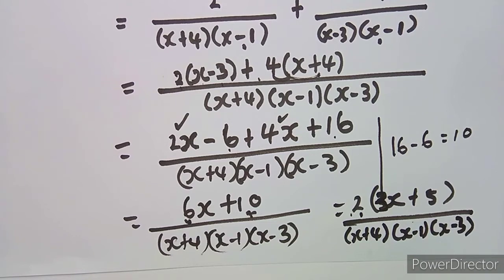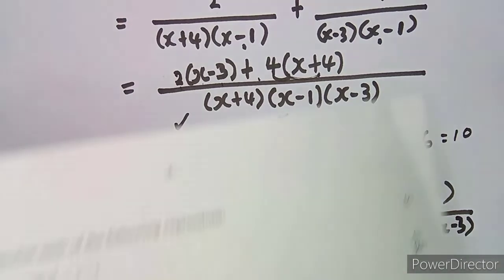So even if we were to leave our answer at this stage, it was fine. But you have to factorize because you do not know whether it's going to cancel or not, and if you do not factorize, maybe it was going to cancel. So you have to cancel out if it is possible, but if not, then you just leave it like that. All right, so that's what we had.